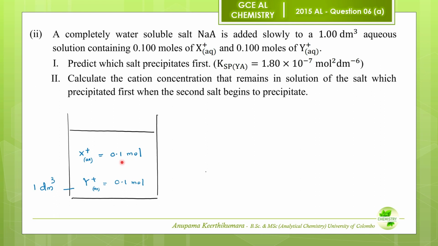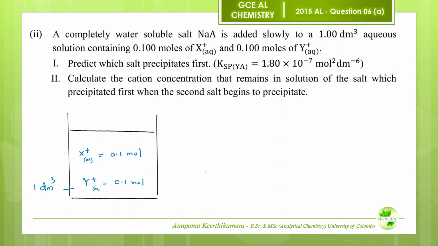These are present in 1 cubic decimeter of solution. The number of moles of these two cations is the same as their concentration because the volume of the solution is 1 cubic decimeter.